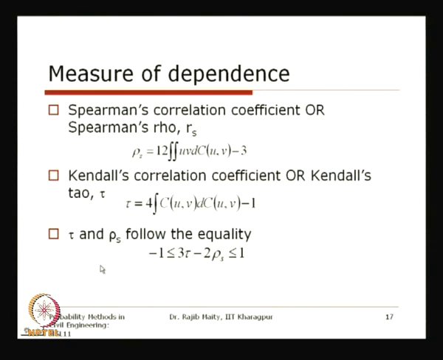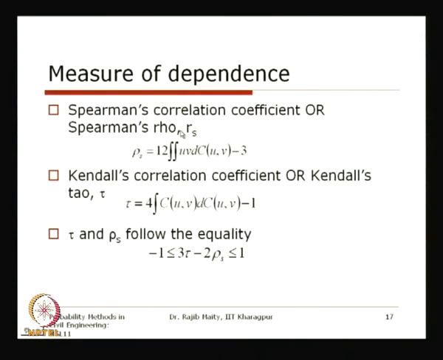Now, as I was telling, we will be taking the measure of dependence through which this copula function should be defined, because there is a parameter in the copula function that generally preserves a scale free measure of dependence. So, the two scale free measures of dependence we will discuss here. The first one is Spearman's correlation coefficient, or Spearman's rho, rho s.